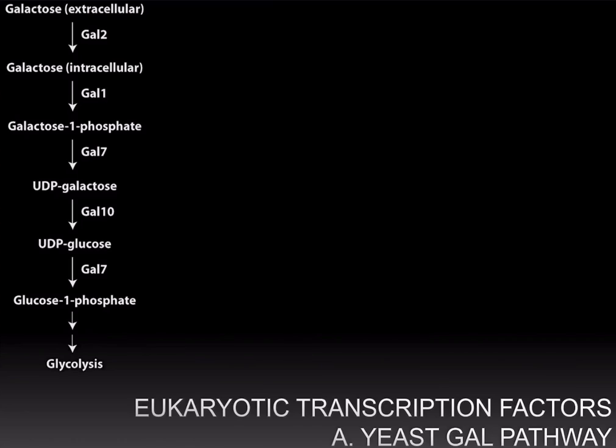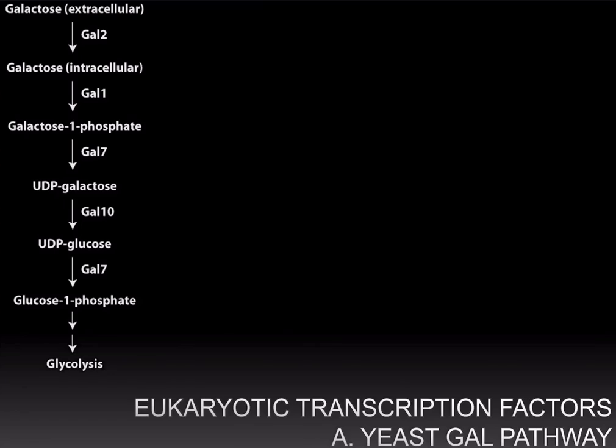A second difference between eukaryotic gene regulation and prokaryotic gene regulation is that in prokaryotic gene regulation, the cis elements, so the DNA binding sites where transcription factors such as the repressor and the catabolite activated protein, CAP protein, bind, are very close to the promoter and the transcription start site.